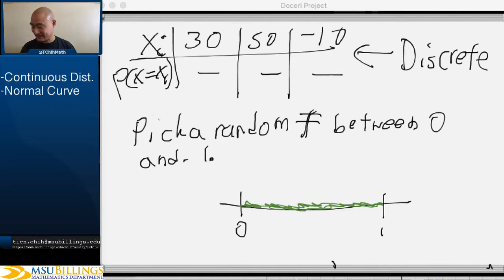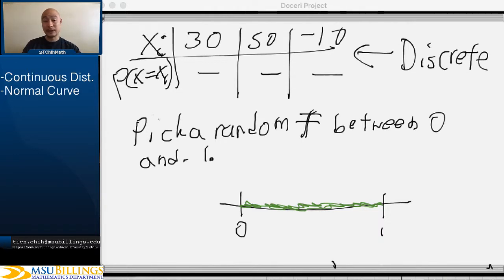Anyway, right, so 0 is a possible outcome, 1's a possible outcome, and anything in between 0 and 1 is also a possible outcome. One of the things that distinguish continuous from discrete probabilities is that we don't necessarily compute probabilities the same way.